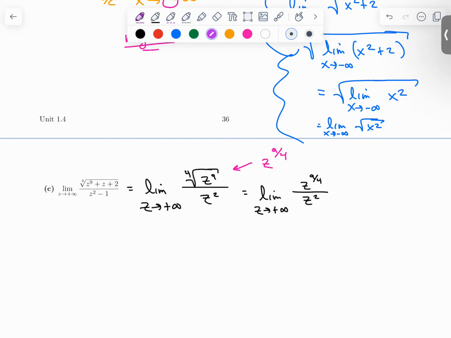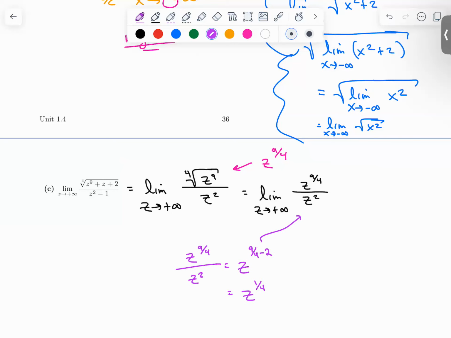So I'm going to do this little algebra over here. Z to the 9/4 over z squared is equal to z to the 9/4 minus 2, which is going to be z to the 1/4. Because you're going to get 9/4 minus 8/4, which will just leave you with 1/4 left. Any questions on that?